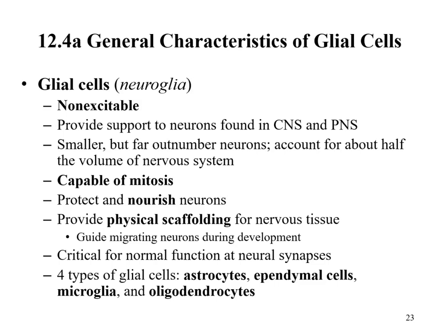They are capable of mitosis. They protect and nourish neurons, provide physical scaffolding for nervous tissue, and help guide migrating neurons during development. They are critical for normal function at neural synapses, and there are 4 types of glial cells we'll talk about: astrocytes, ependymal cells, microglia, and oligodendrocytes.